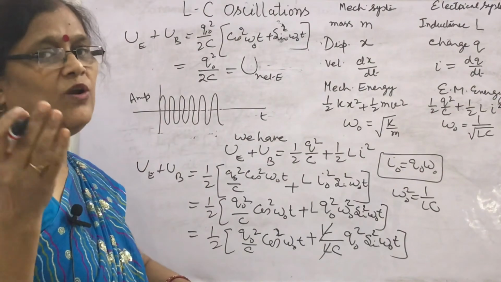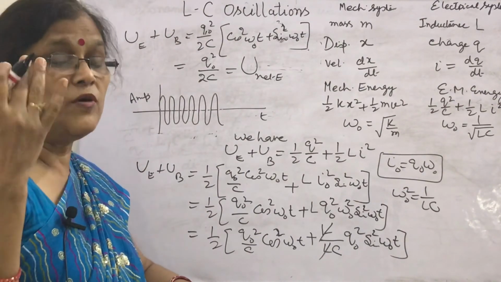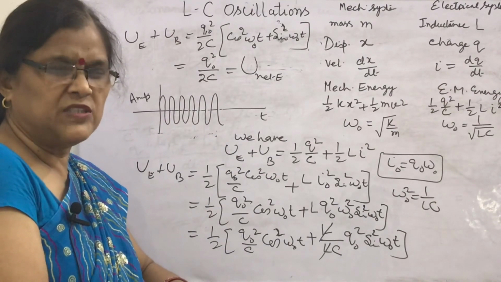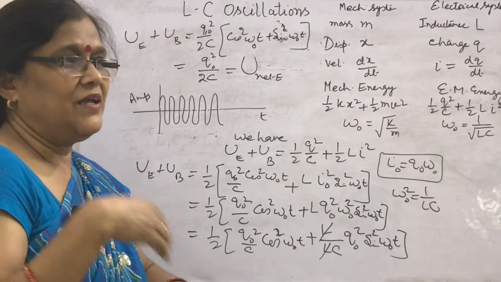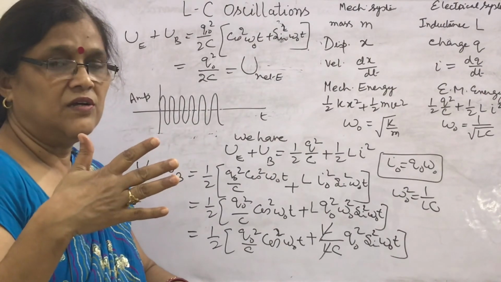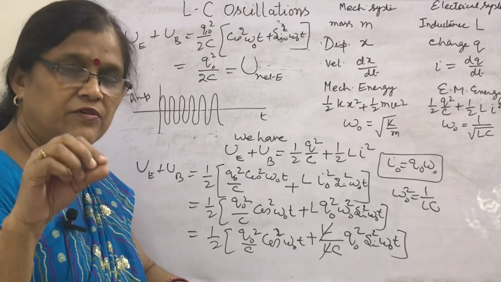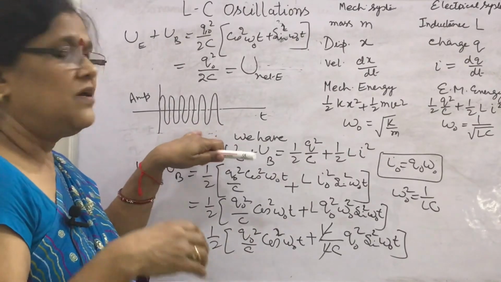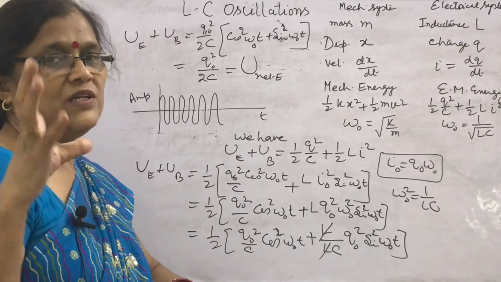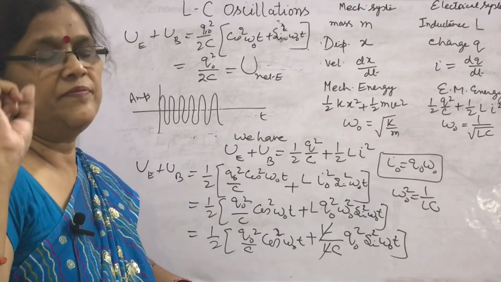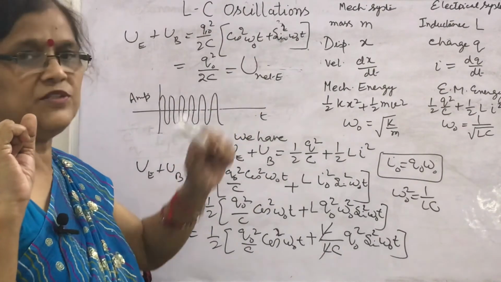Energy loss in the form of electromagnetic waves always takes place, and any coil is not totally resistance free. So due to the resistance of the inductive coil and energy loss in the form of EM waves, we get damped oscillation, that is, amplitude decreases with time. So these are LC oscillations.